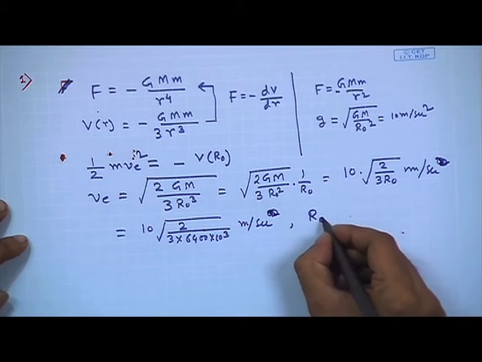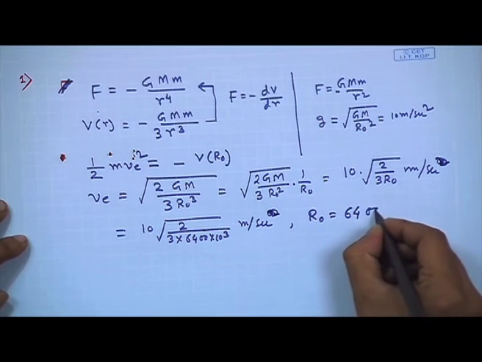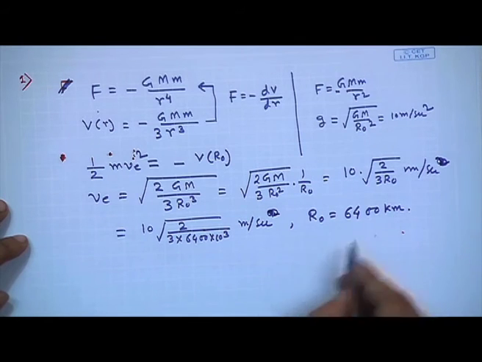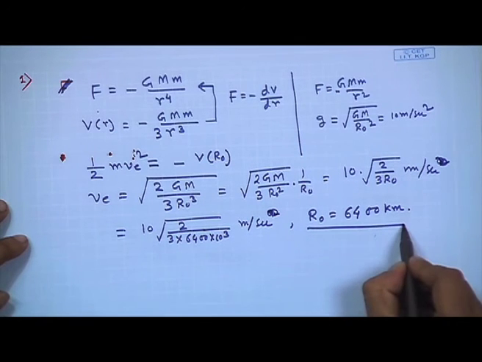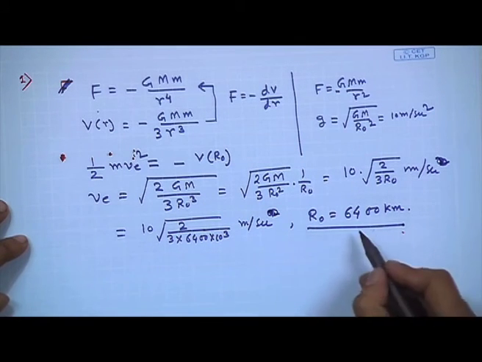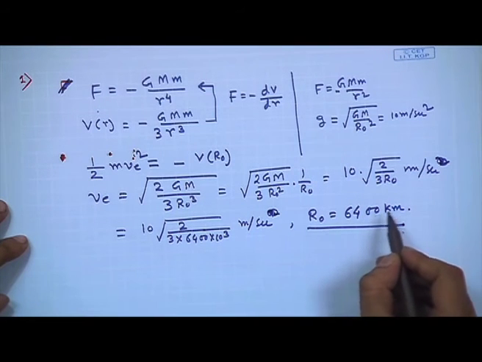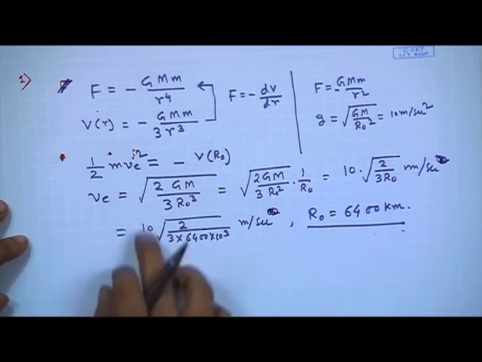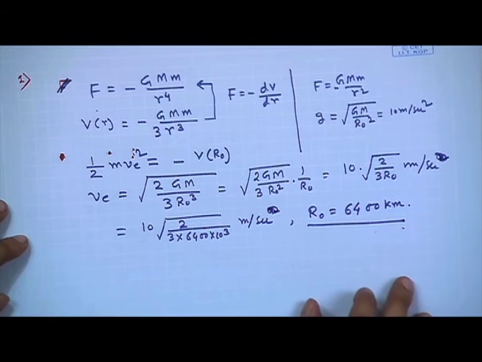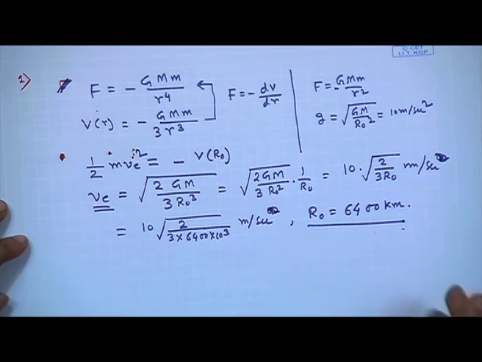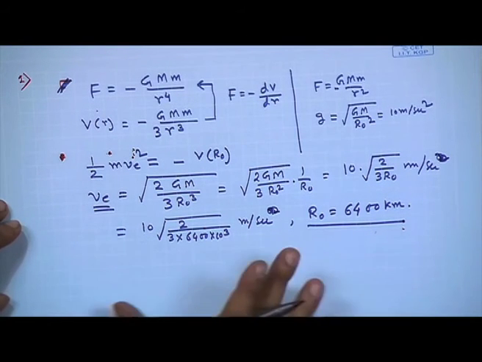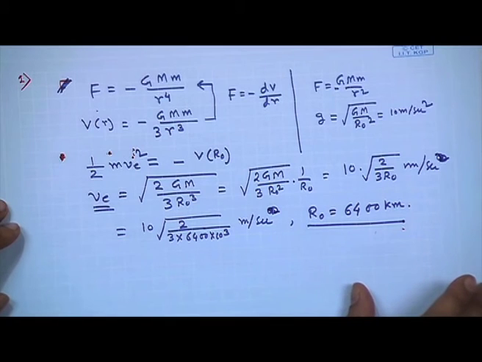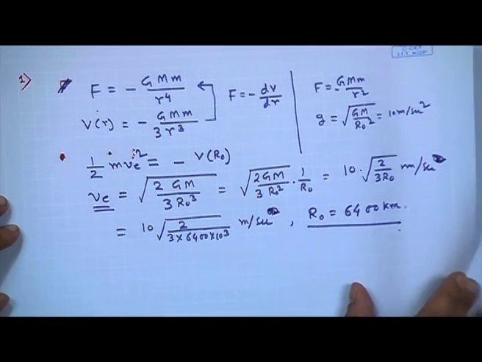We have taken r 0 as 6400 kilometers, which is the standard value for the average radius of earth, which is once again not very accurate. It is actually 6378 something, but for this calculation we can take 6400. So, if you put these numbers, you will get a value for escape velocity. I leave it to you. I want you to finish this yourself, right.